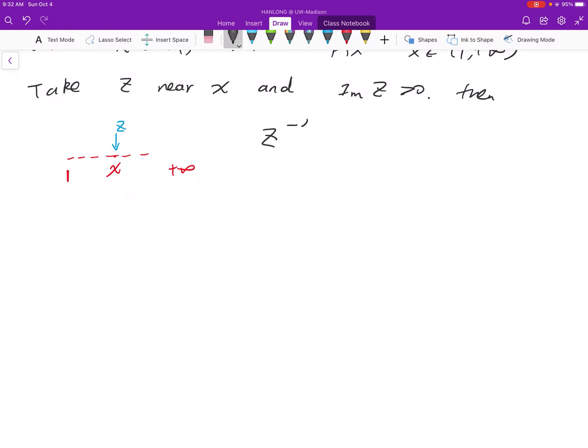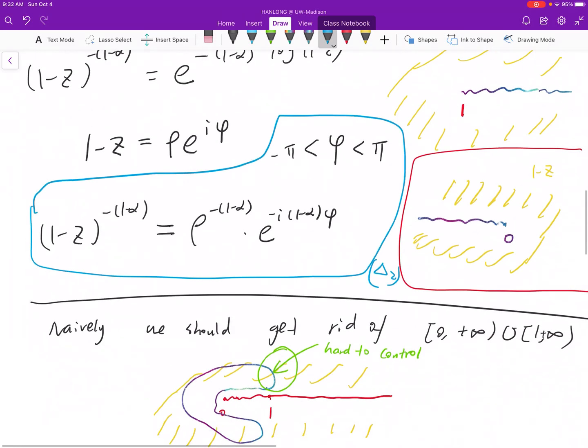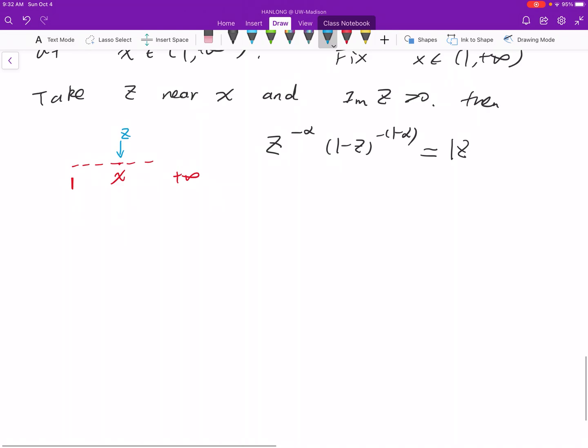Then z to the negative alpha times 1 minus z to the negative 1 minus alpha, we plug in the formula introduced above, with delta 1, delta 2. Be careful that this formula will be used repeatedly in the following.